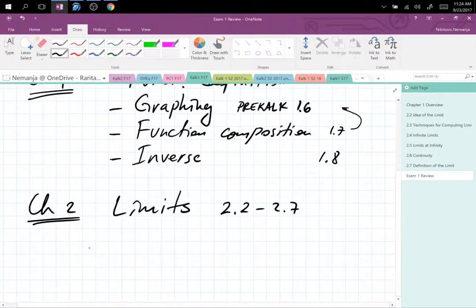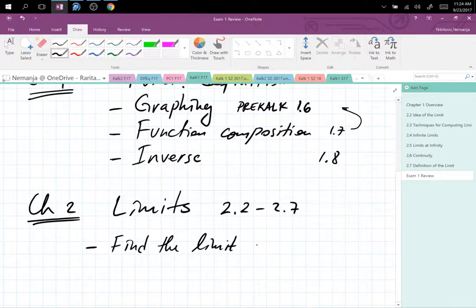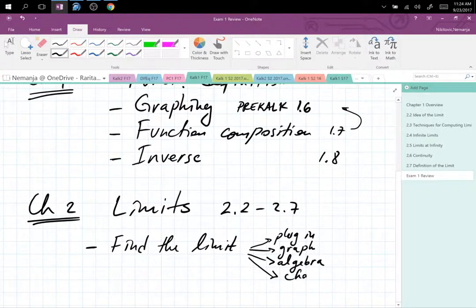But what do we have within limits? We are going to have: find the limit. And remember what I said. Plug in, graph, algebra, and finally chart.